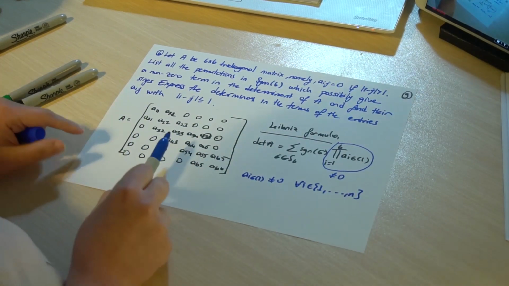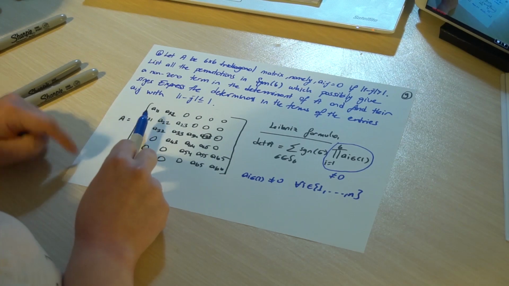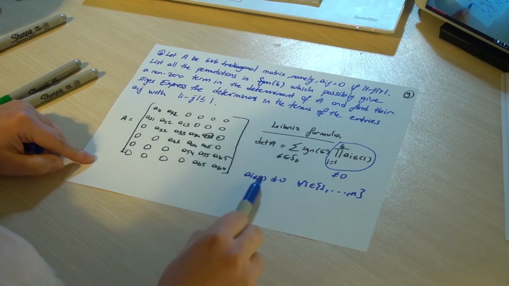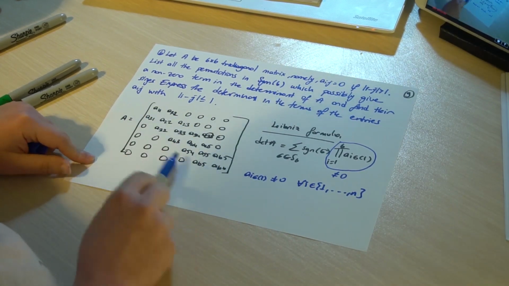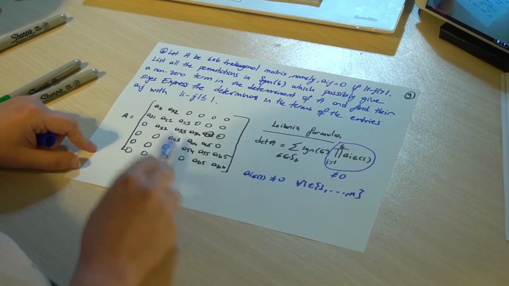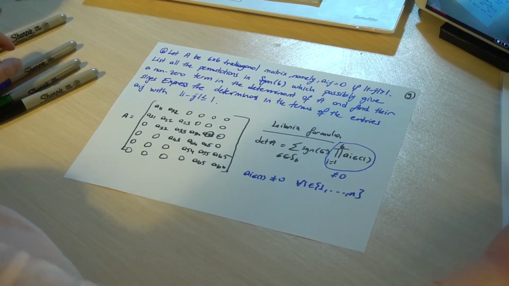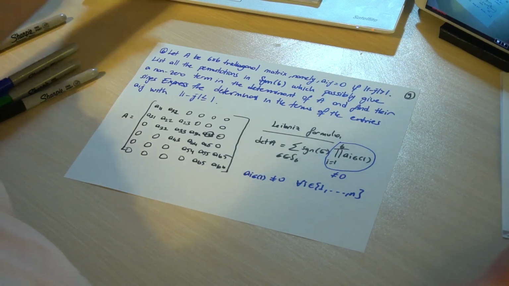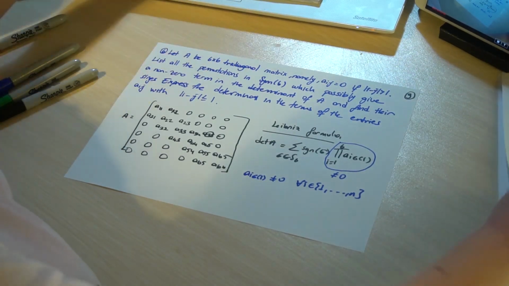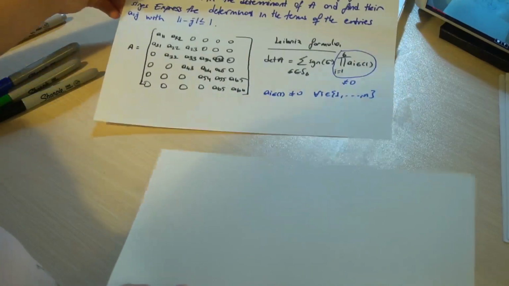So this sigma must go onto these terms, not the zero terms. So let's try to find these permutations.